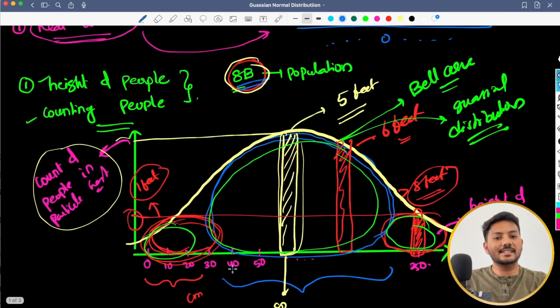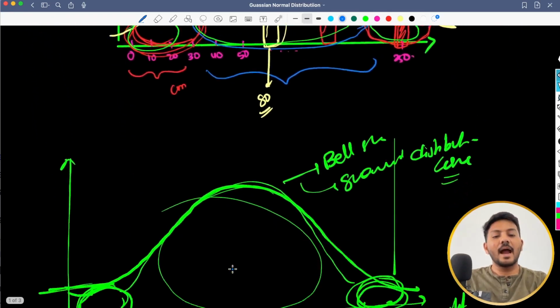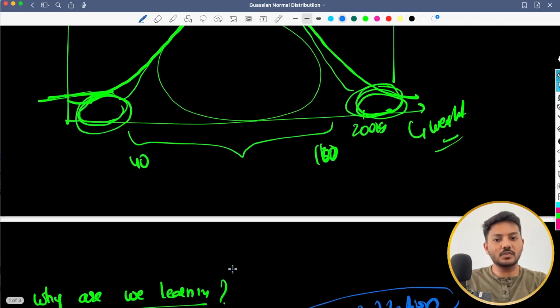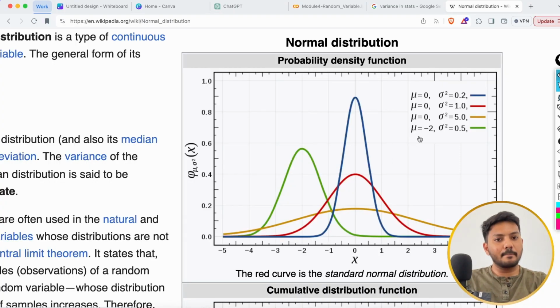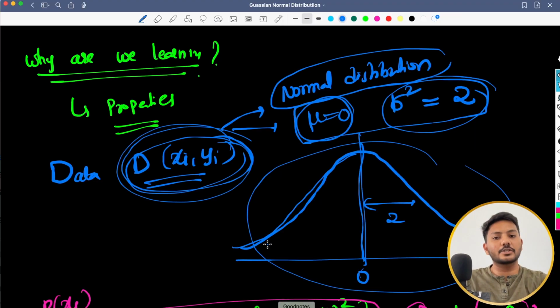We have seen an example of people's height, and we have also seen an example of people's weight, and then we have seen the properties of normal distribution, which is the mu and sigma square, and then we have also learned it is always symmetric, and as the value of x increases, the value of y decreases, no matter if it is a positive value or a negative value. And then we have also seen, based upon sigma square, how the width of the plot will increase or decrease.